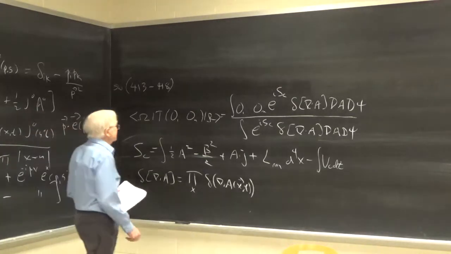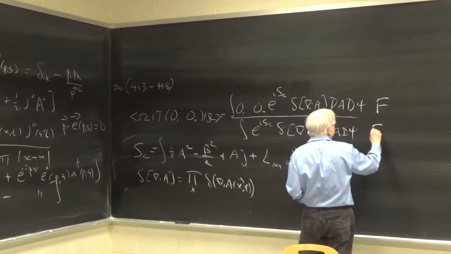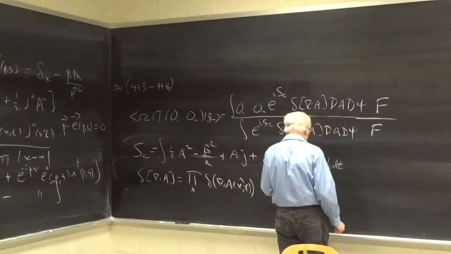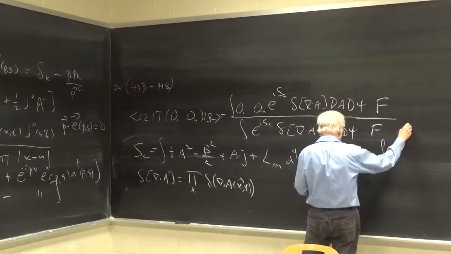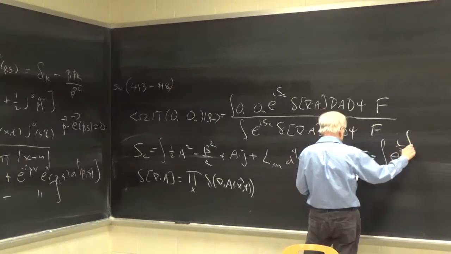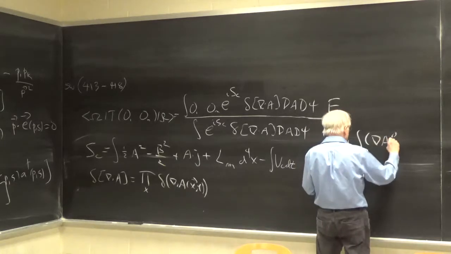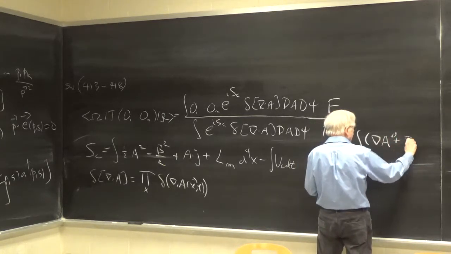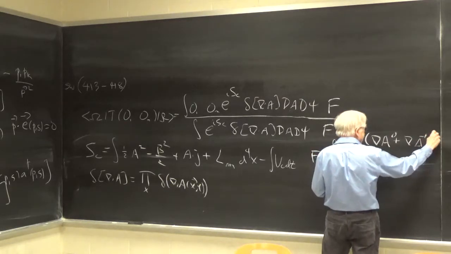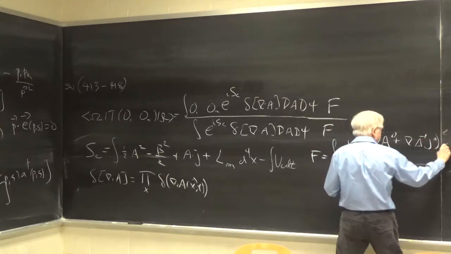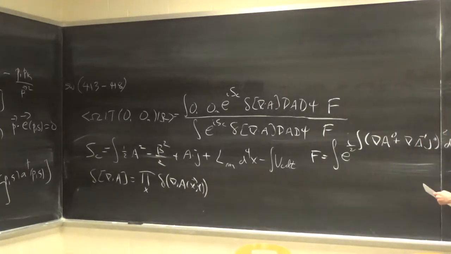Now the trick is that you multiply top and bottom by something called F. F for fudge factor, and F is an integral of e to the i over 2 times the integral of (grad A0 plus grad inverse Laplacian J0) squared d4x, integrated over dA0.